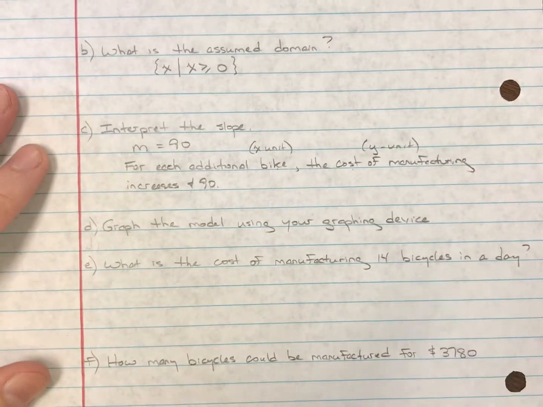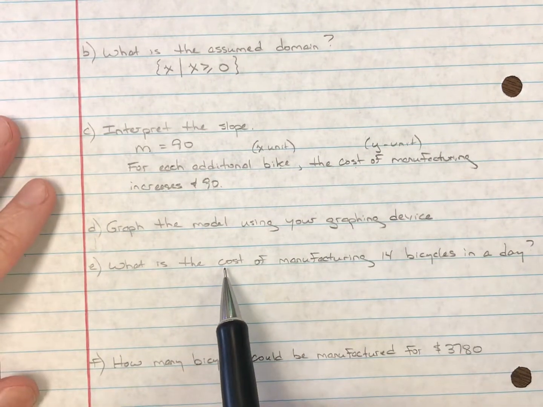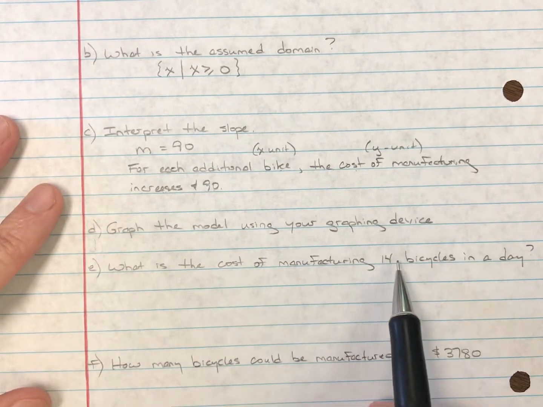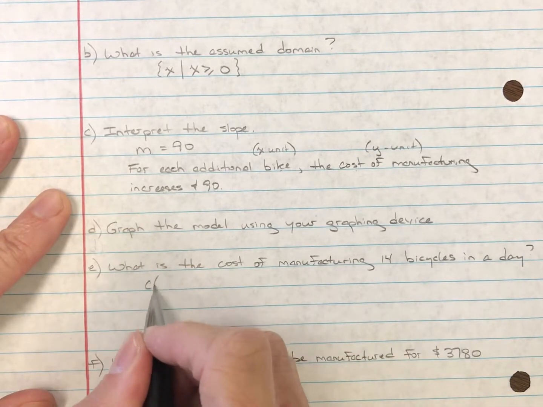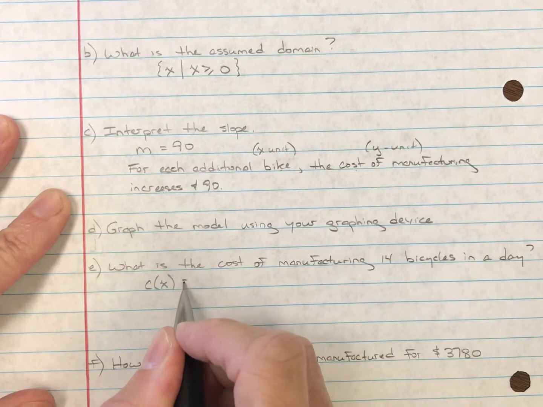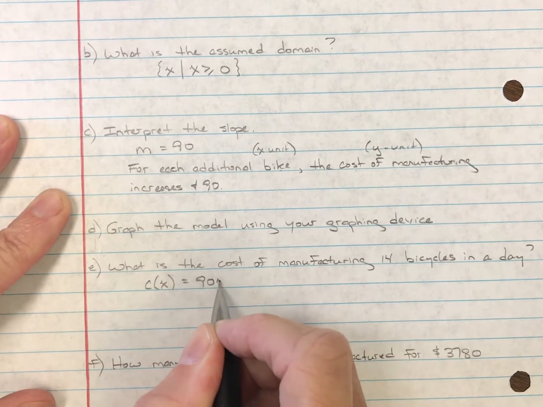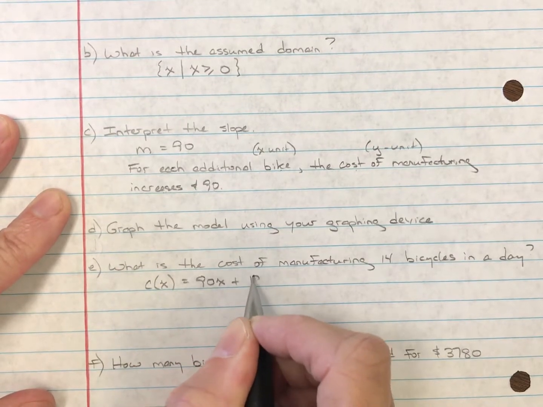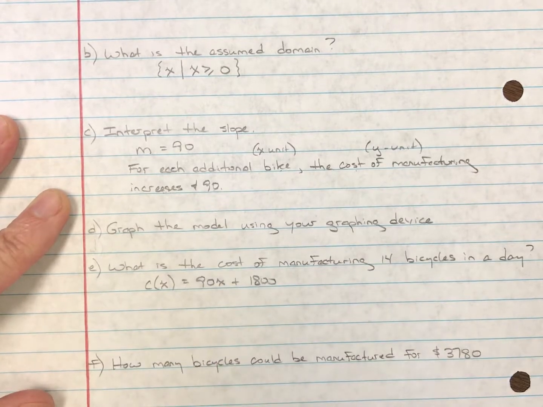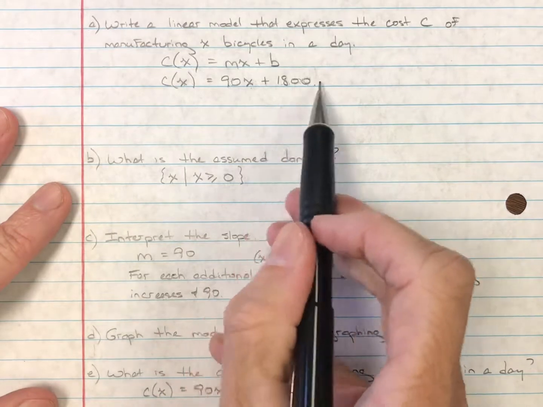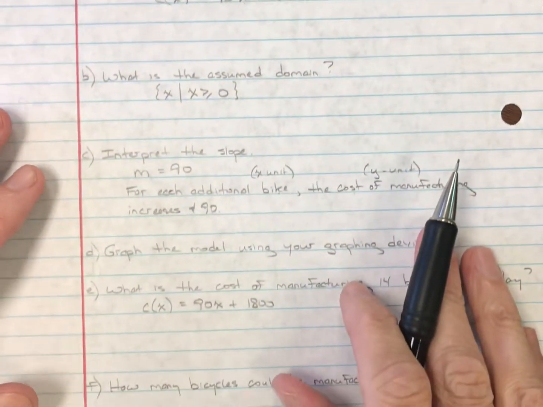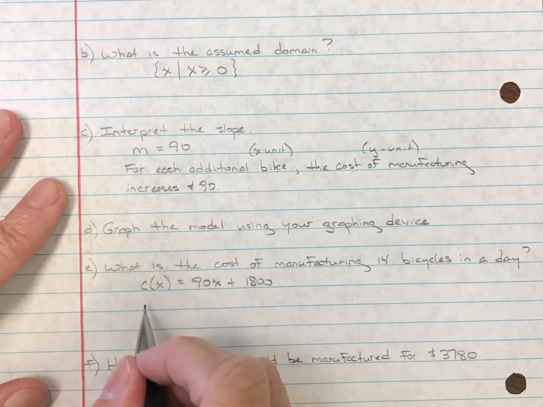Okay. Let's take a look down here. We're going to use our graph for this. We'll do this both ways, graphically and algebraically. What is the cost of manufacturing 14 bicycles in a day? Okay, well, the cost, C of x, is equal to 90x plus 1800. We know that from above. Okay, from letter A, that's right here. That's this equation. But I want to manufacture 14.